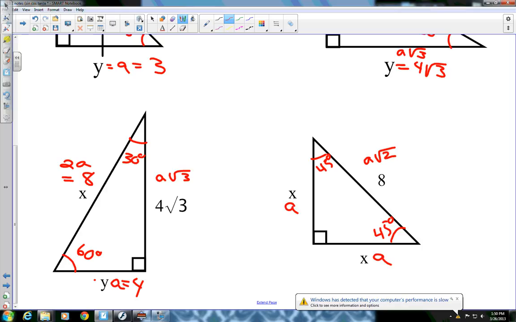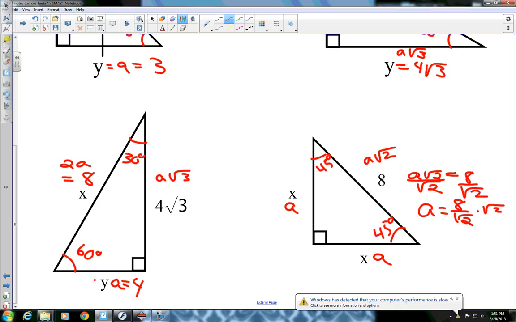If I want to find the leg, I say A root 2 equals 8. How do I find A? Divide by root 2. So A is 8 over root 2, but I can't leave it like that, right?